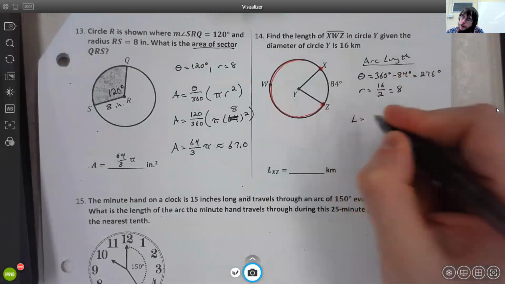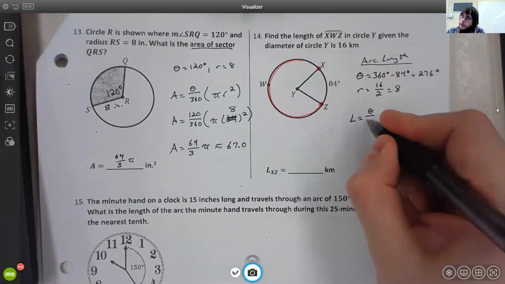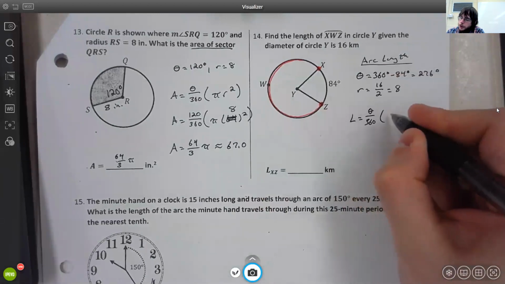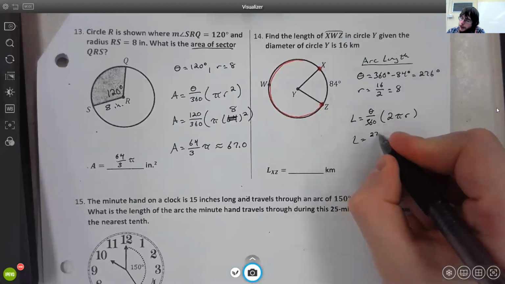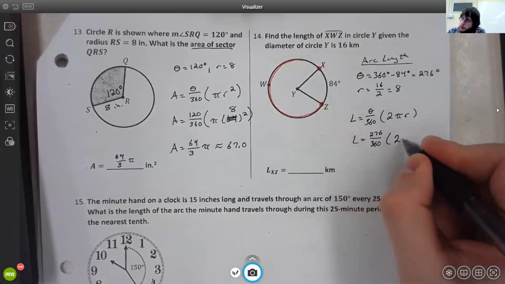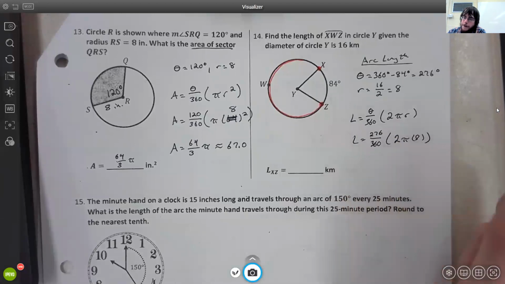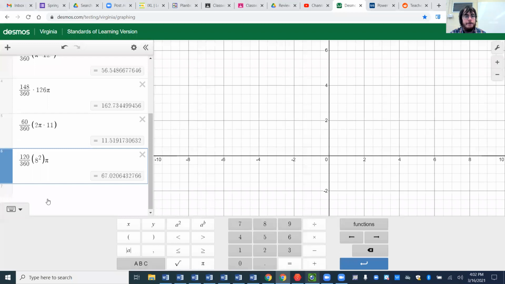So the length, our arc length is given to us by theta over 360 times 2 pi r. So in this case, it's going to be 276 over 360 times 2 pi times 8. And then we just go and plug that into the calculator.